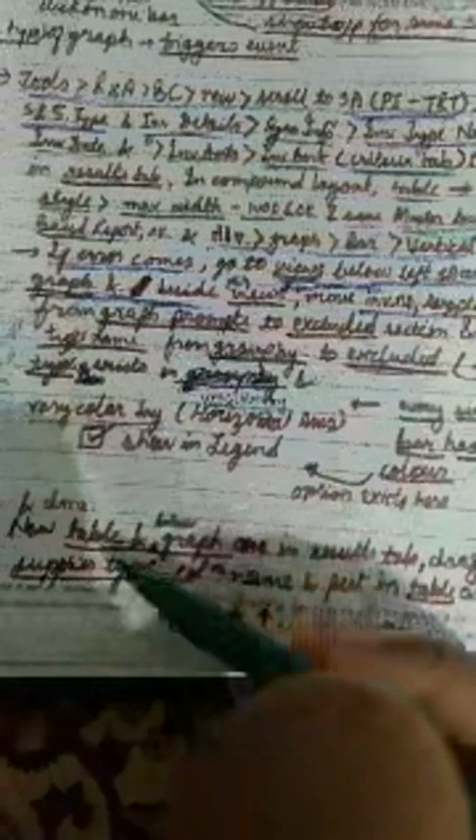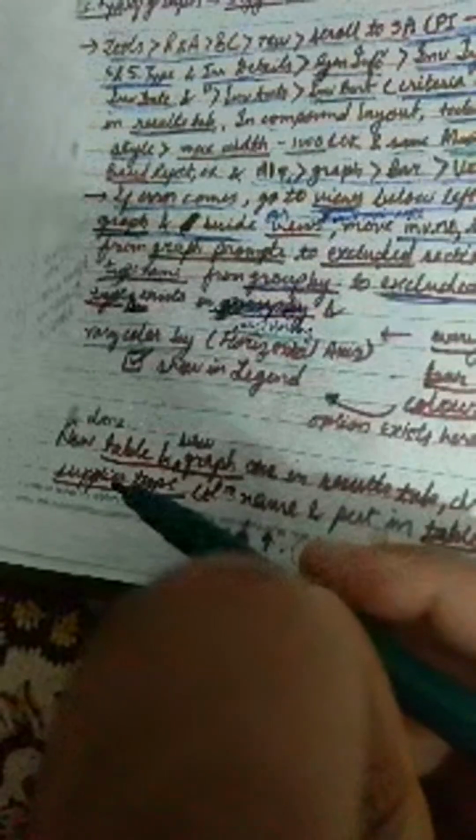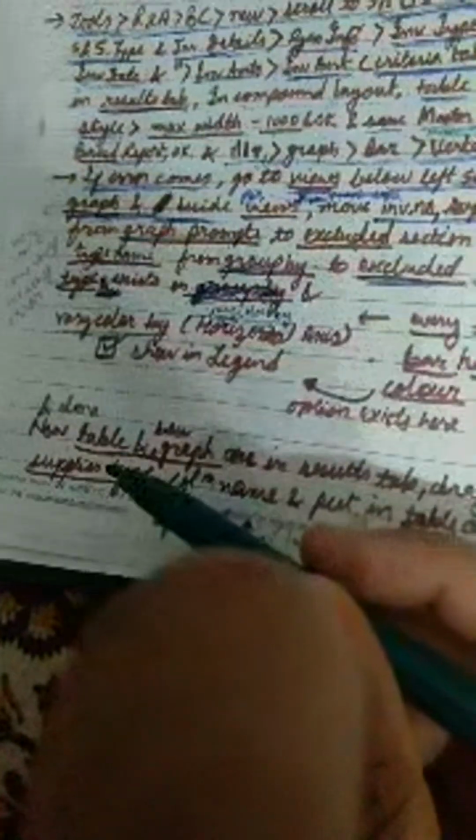Otherwise, you can also right click on the supplier type column name, click on move to, and click on table prompt. That's how you create a table prompt.